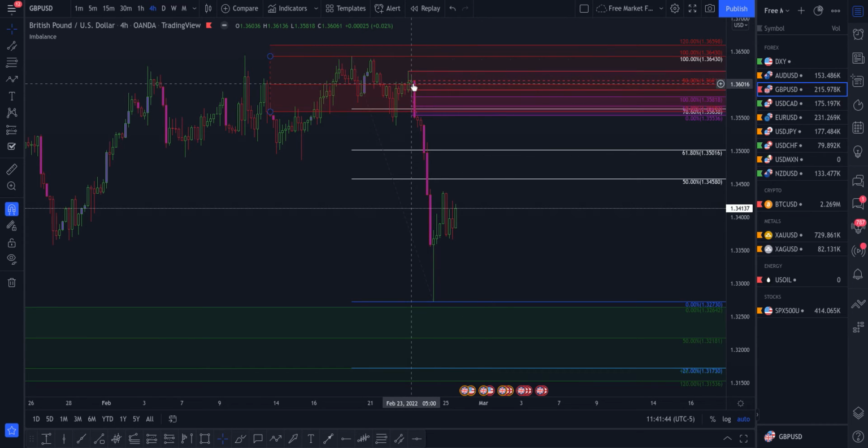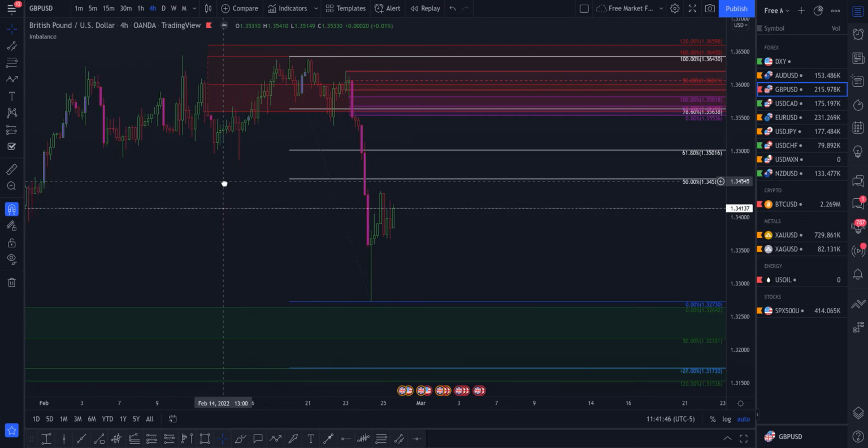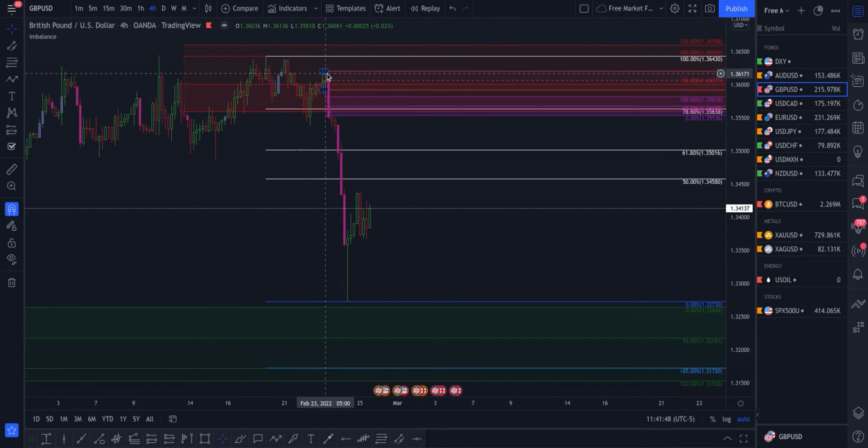Now we do have this doji right here, and I typically take the entire candle for my doji zones. However, I'm gonna sit right here just because this zone is basically engulfing this doji zone. So where would I be looking to take trades from?